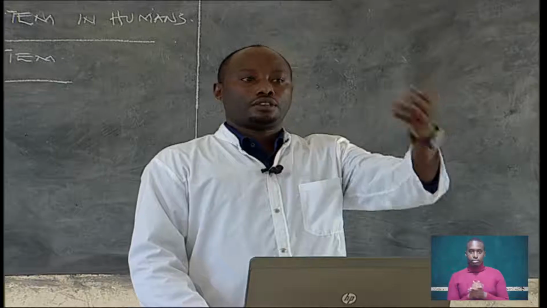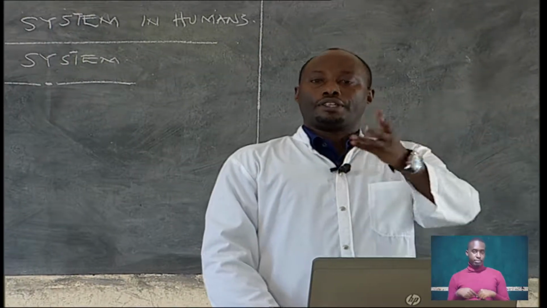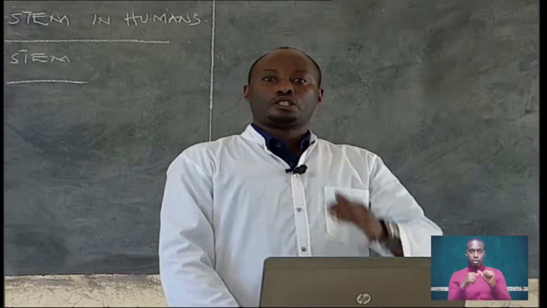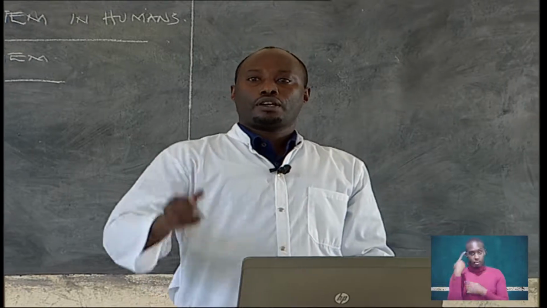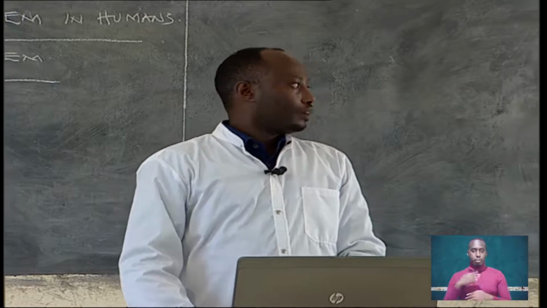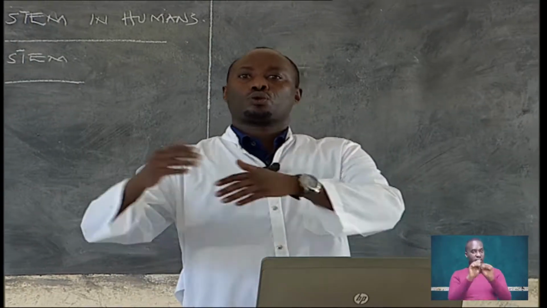How is the lymphatic system able to bring the lymph fluid back into the bloodstream? We are also going to see how the lymphatic system is responsible for removing waste products from the body. So we're going to go through all these.